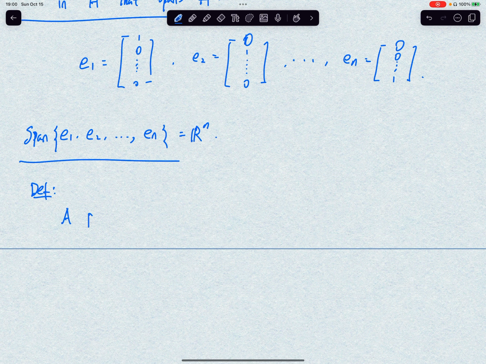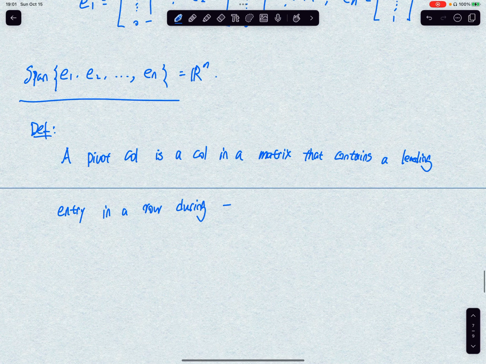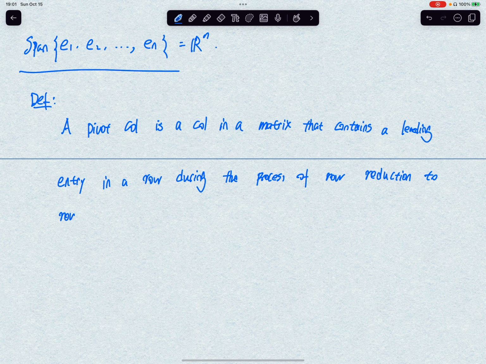So a pivot column is a column in a matrix that contains a leading entry in a row during the process of row operations, row reduction, or Gaussian elimination to row echelon form or reduced row echelon form.